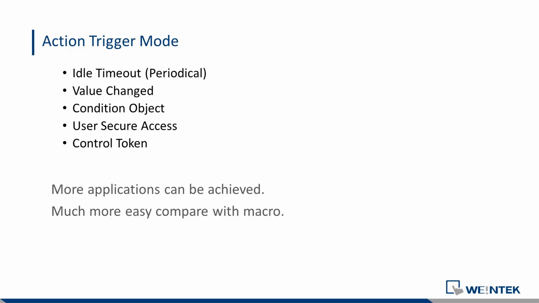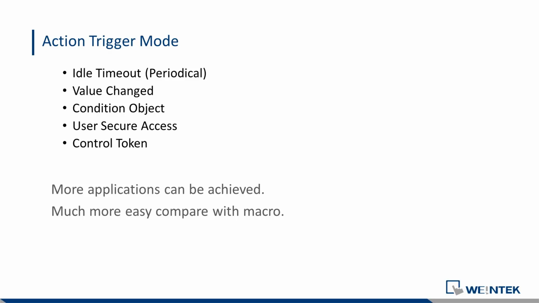Now we have added many different action modes to use with action trigger. We have a periodical condition. We can use value change to run action trigger, and we can also use the new condition object, and use user login, logout, or control token acquire or unacquire with action trigger.